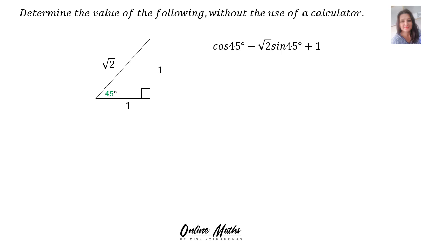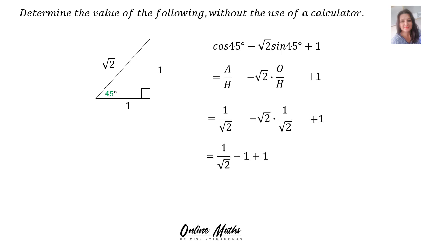Cos 45. Cos's ratio is adjacent over hypotenuse. Therefore, it's 1 over root 2. And then minus root 2 sin 45, sin's ratio is opposite over hypotenuse. Therefore, it's minus root 2 times 1 over root 2. And then plus 1.